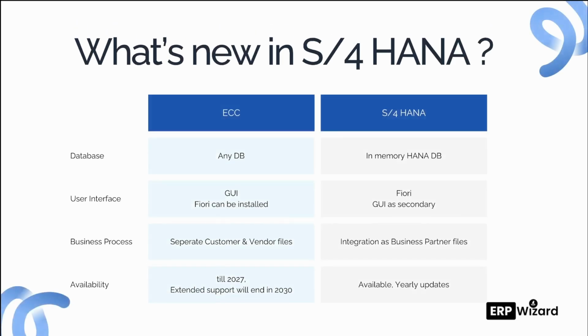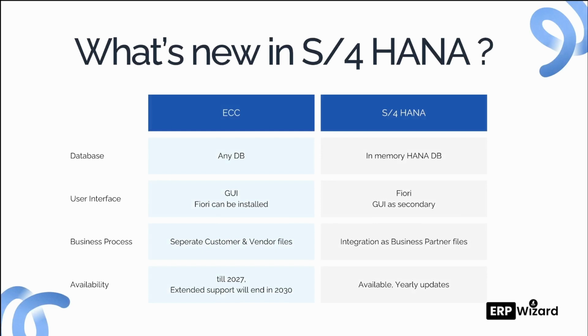Now that we know what is S4HANA and we also looked at the architecture, it's time to see what's new in S4HANA and how does it compare with the older ECC system. So if you look at the screen, I have kind of divided this comparison into a couple of categories. Let's start with the database. As I mentioned earlier, S4HANA uses a special in-memory database which was designed from scratch by SAP just for this system.